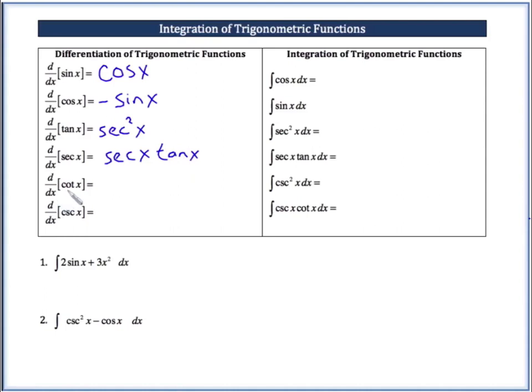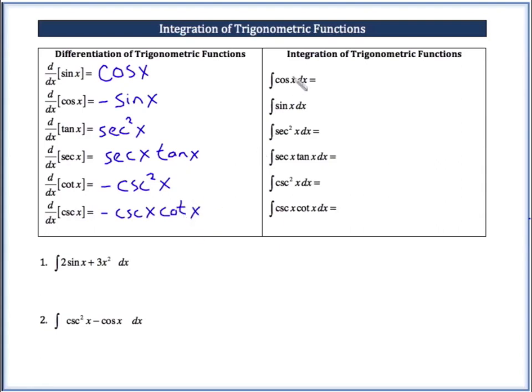The derivative of cotangent of x is negative cosecant squared x. And the derivative of cosecant of x is negative cosecant of x times cotangent of x.